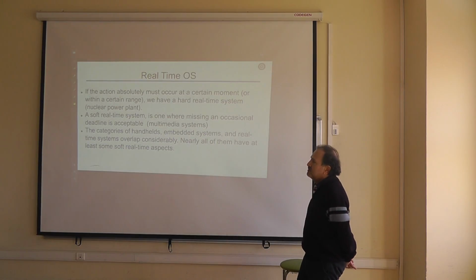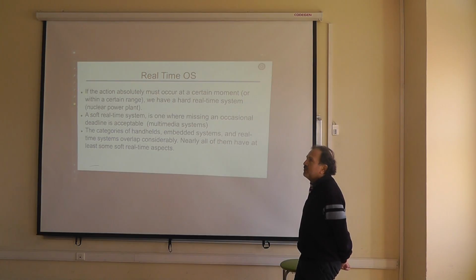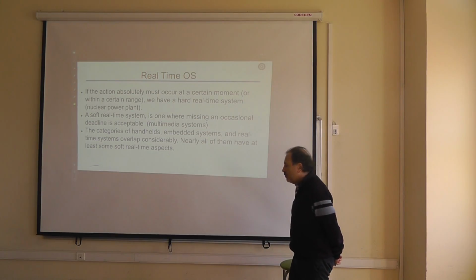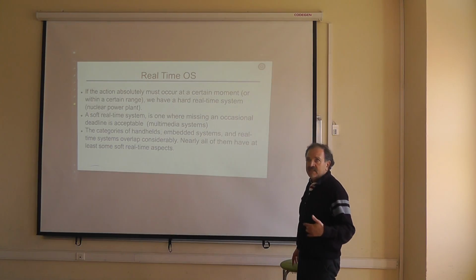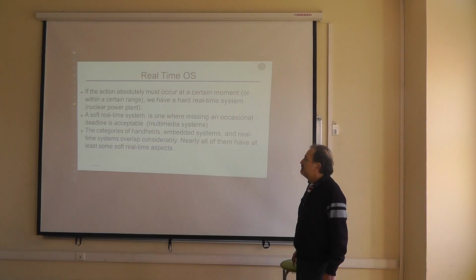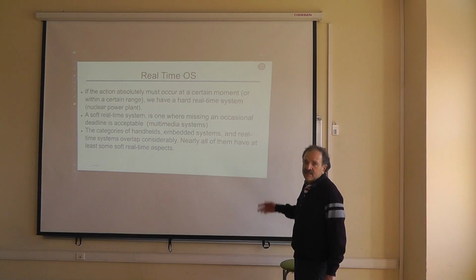Usually with the embedded systems, we have this type of operating systems. Real-time operating system means that when you make a system call, okay, when you ask help from the operating system, usually the operating system takes as much time as it needs. Okay, it is not bounded.